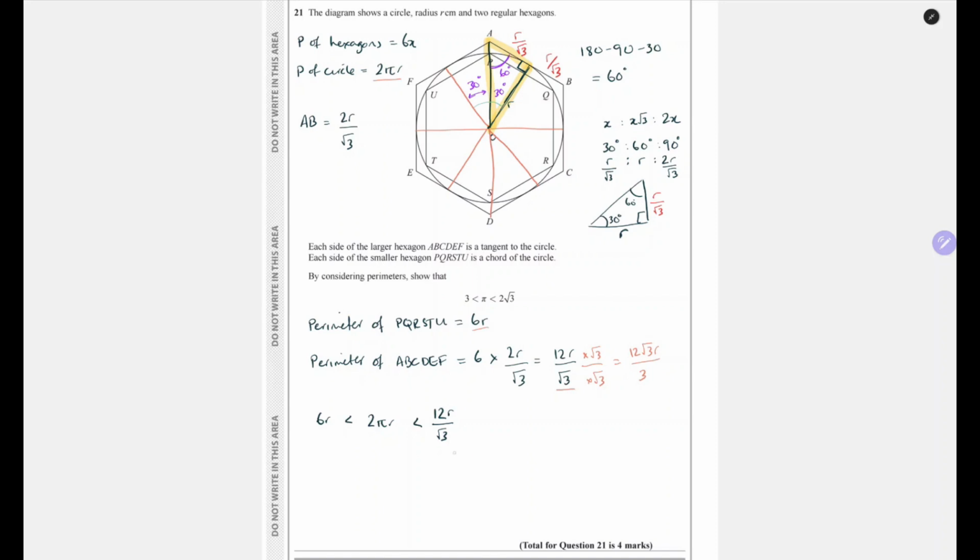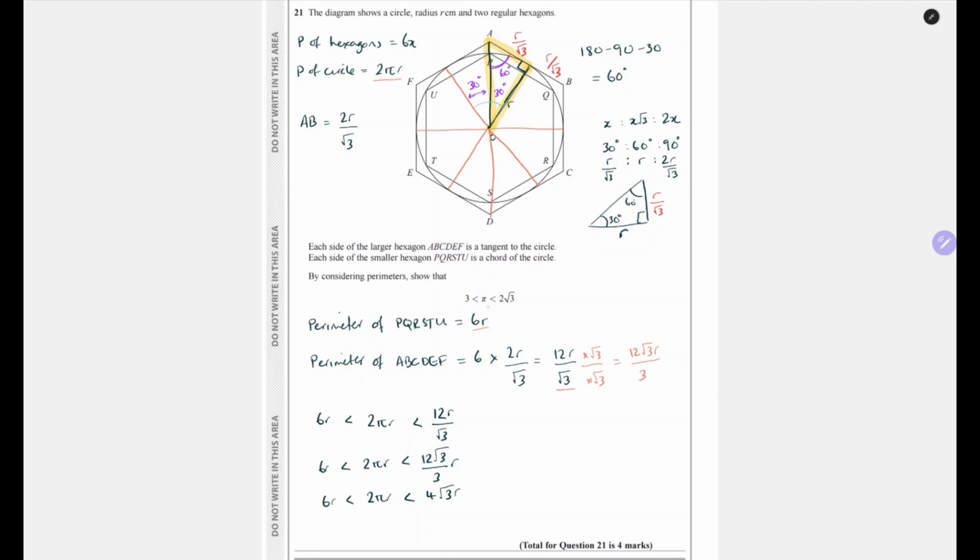And so we can rewrite this inequality at the bottom as 6r is less than 2 pi r, which is less than 12 root 3 over 3 r. That will simplify to 6r is less than 2 pi r, which is less than 4 root 3 r.